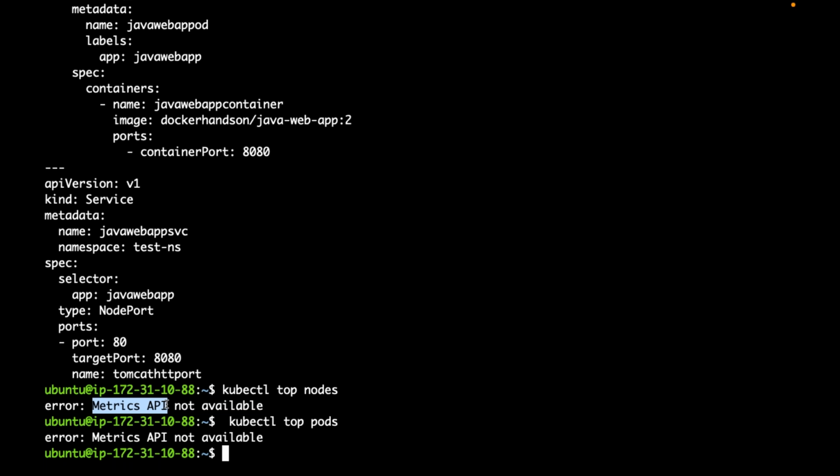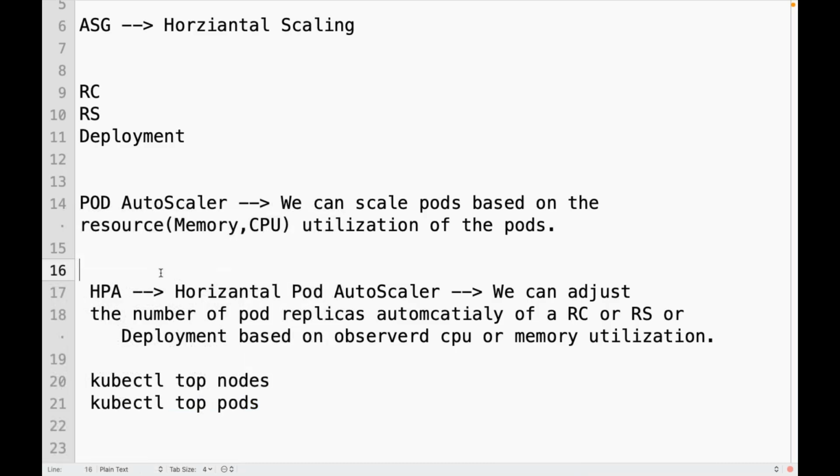So if I want to scale, if I want to do this HPA, do I need to have those metrics? Without having those metrics, can this HPA take the decision? Because that HPA needs that information. What is the current CPU utilization? What is the current memory utilization on your pod on which you are trying to scale automatically?